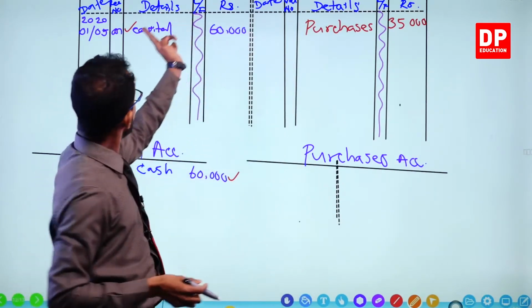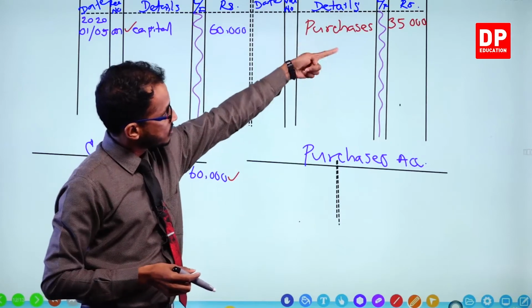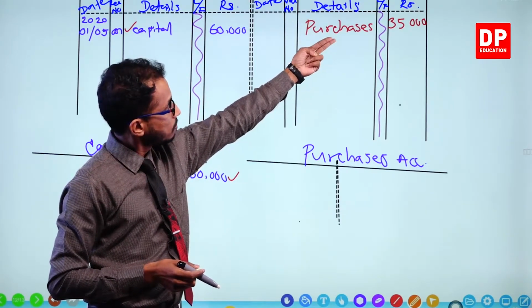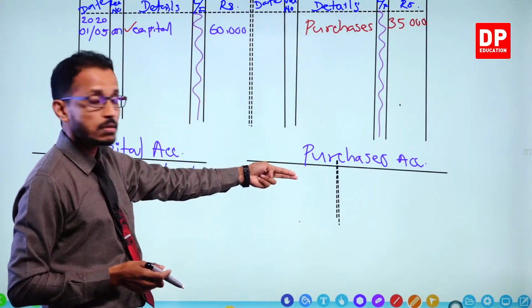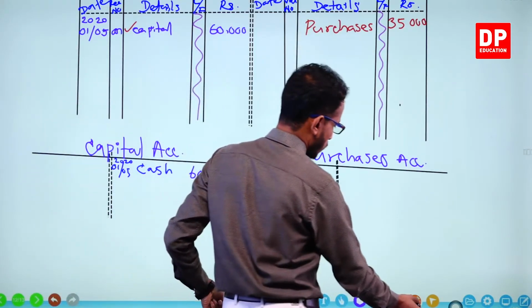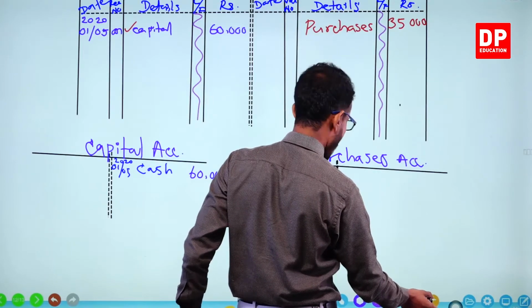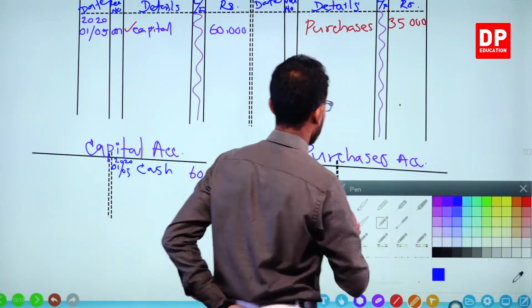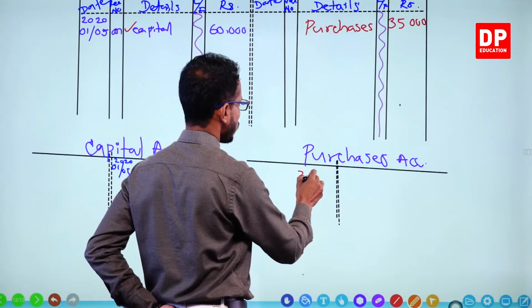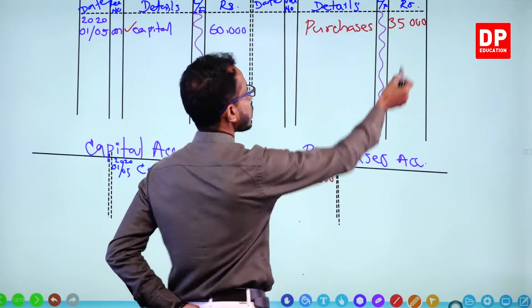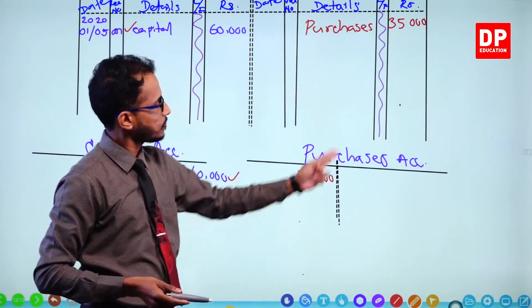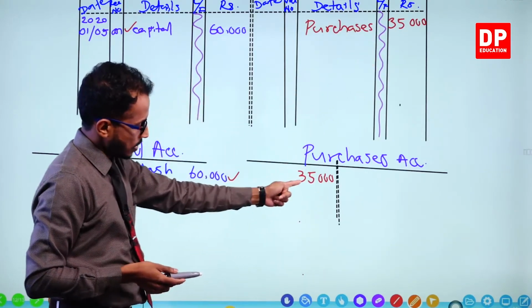And if this entry is credited in the cash book, the other entry should be debited in the purchases account. 35,000. Debit, credit, debit, credit. 35,000 in the debit side.